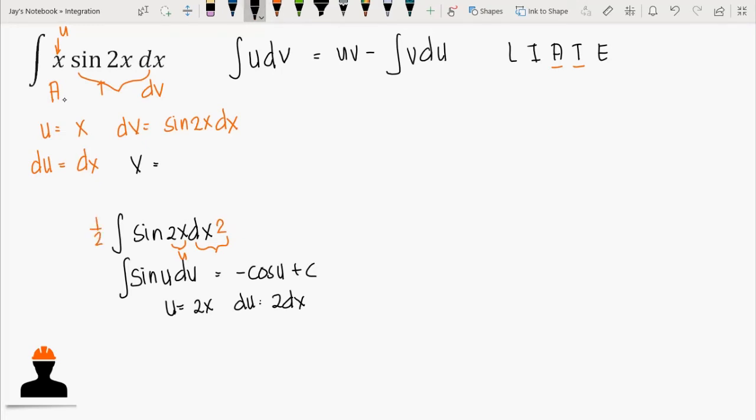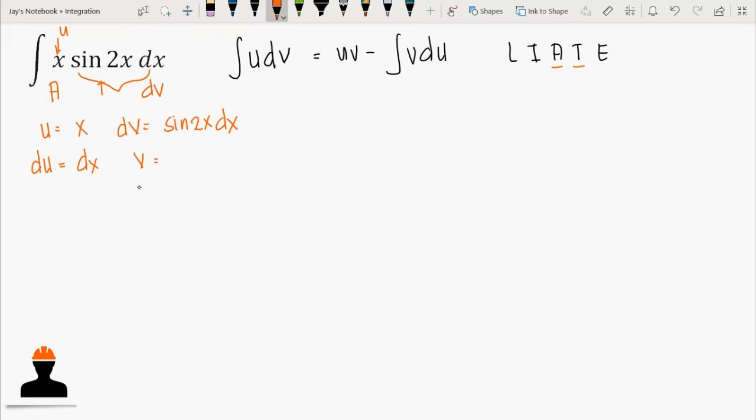Therefore we have 1/2 times negative cosine of 2x plus c. Correct? So this is the integration of sine 2x dx, and we have the value of v here, that is negative 1/2 cosine 2x. Again, we may not include the arbitrary constant c.